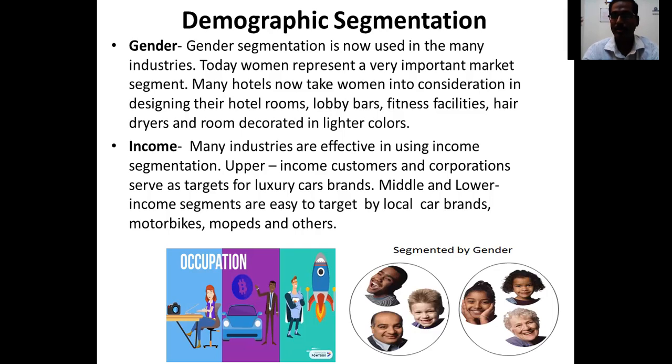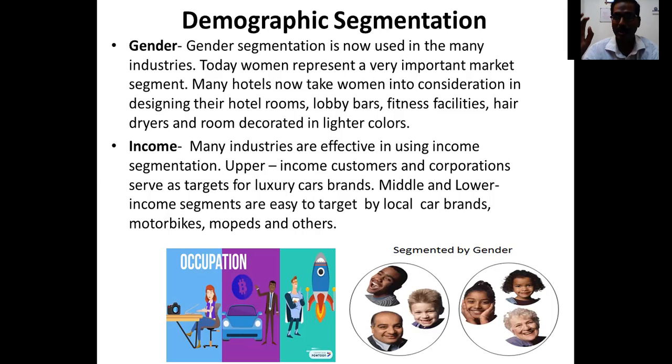So these positions tend to make them travel outside the city or outside the country, and when they travel, there is a need for them to stay in hotels. So hotels see this women segment is increasing, and there is more demand. So what happens, when women go to the usual hotel, they may not feel very safe and secure.